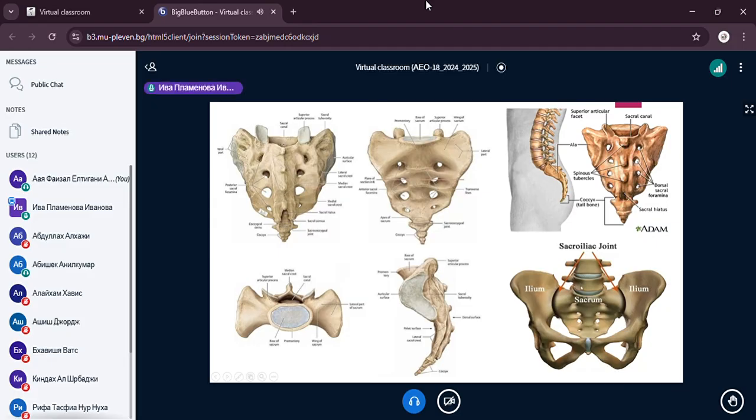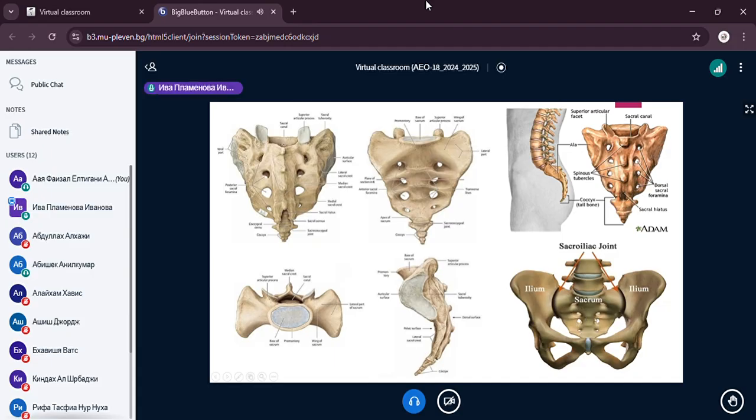So here you can see L5. After that we have the intervertebral disc, and this is the base of the sacrum. The anterior edge or the anterior margin is called promontorium. That's the anterior or pelvic surface.